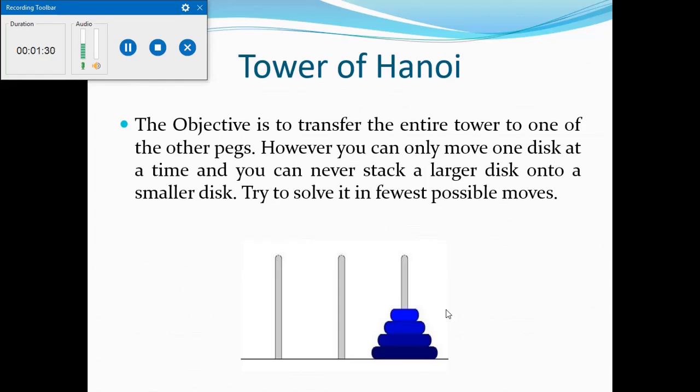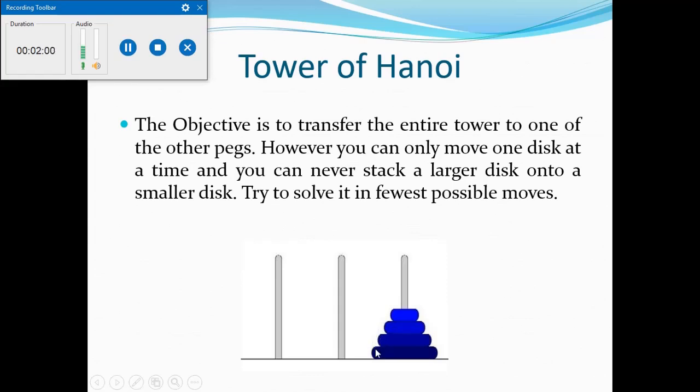This means you can see here we always have a smaller disk on top of a bigger disk, and all the smaller disks are above the bigger disk. This is the smallest, below this we have a bigger one, and below that the biggest disk.